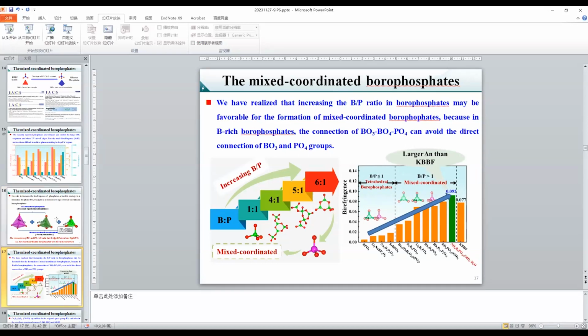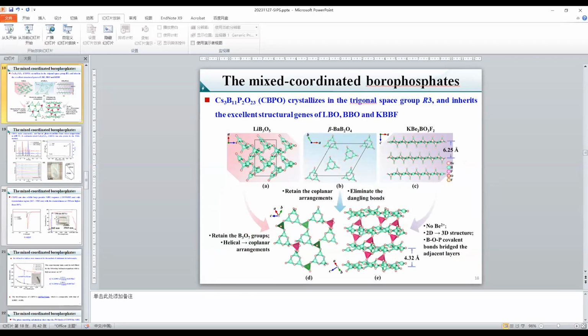And in this series, the most notable one is cesium borophosphate. It crystallizes in the non-centrosymmetric space group R3, and it inherits all the excellent structural genes of commercialized LBO, BBO, and KBBF.